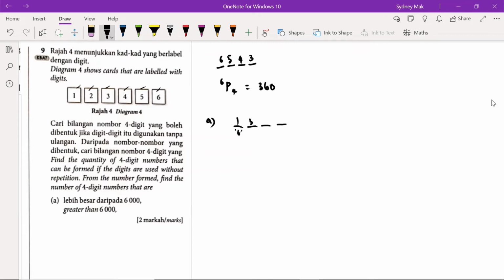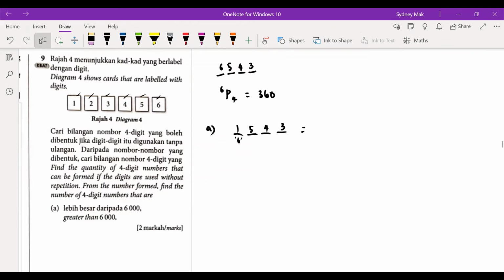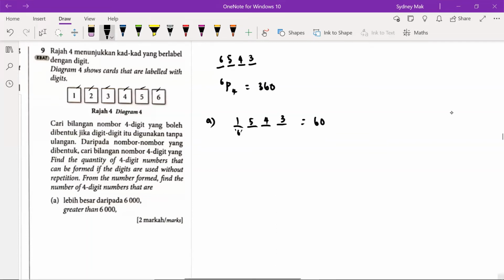So we have 5 choices in the second empty slot, left with 4 choices, 3 choices. Therefore, 5 times 4 times 3. That is 20 times 3, 60 ways. So we have 60 ways here. Okay, and that is for part A.